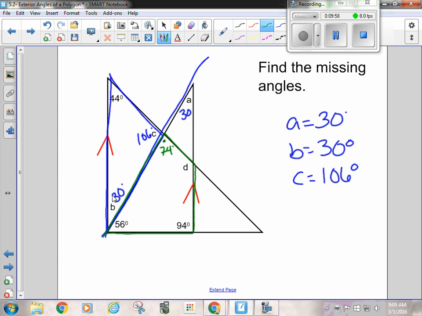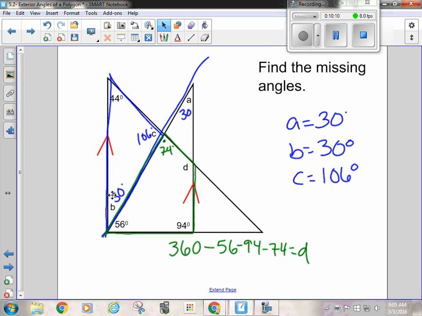So if I take 360 and minus out my 56 and my 94 and my 74, what I'm left with is going to be D. Calculating that on my calculator, 360 minus 56 minus 94 minus 74, we end up with 136 degrees.